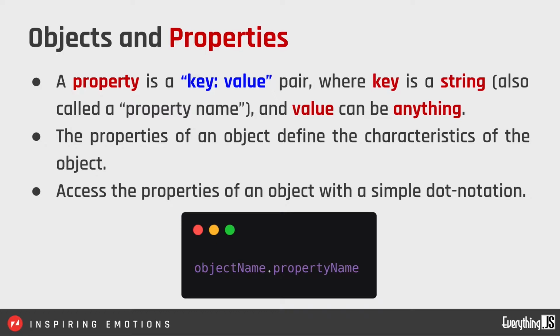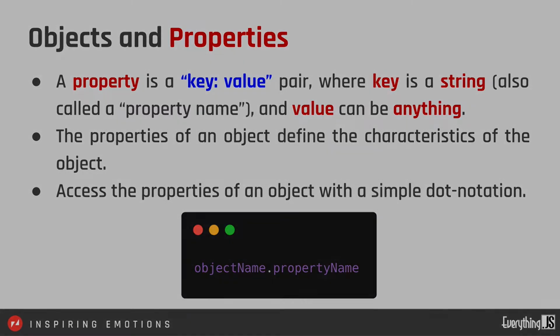A property defines a characteristic of the object. And to access a property, you can simply access it using dot notation.